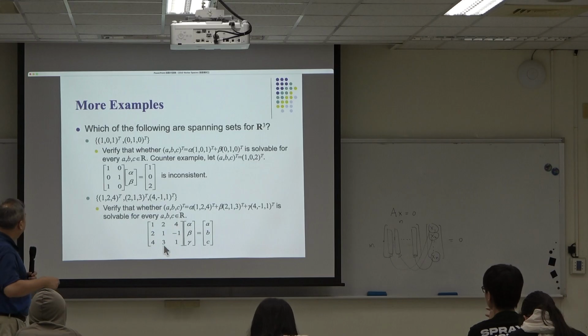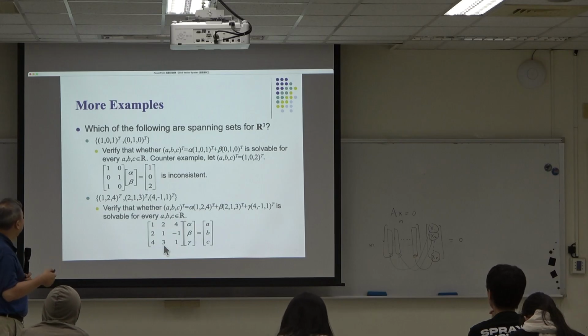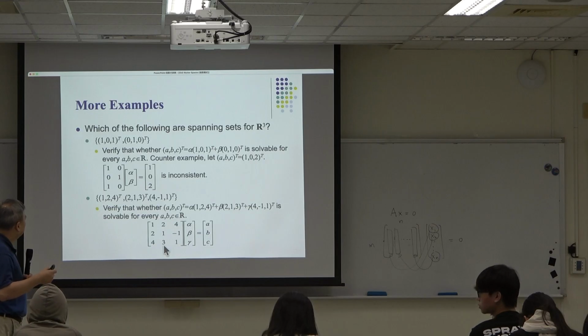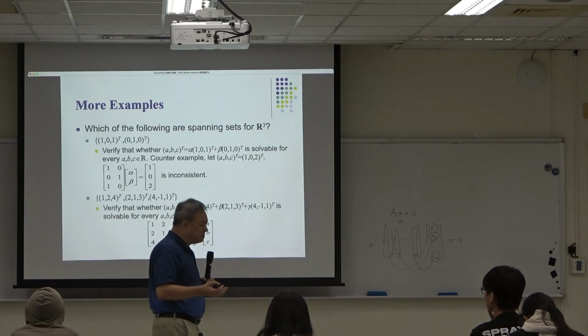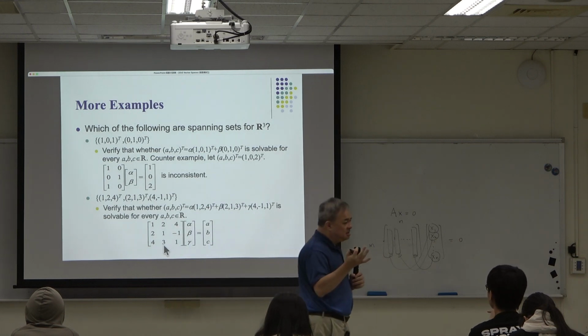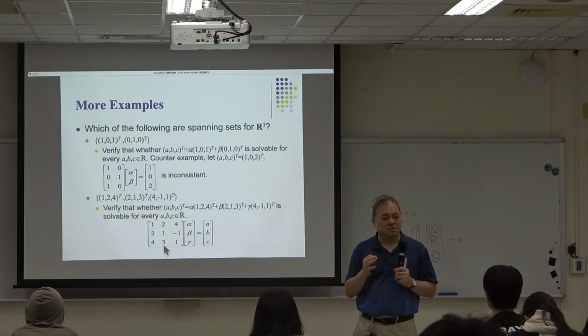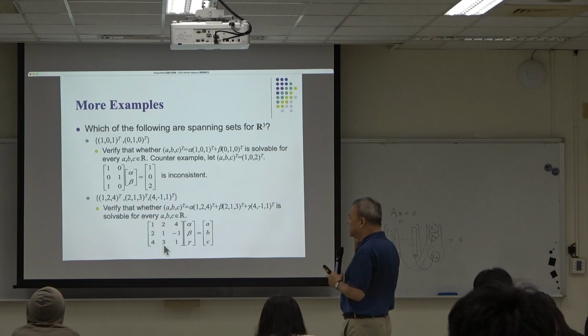So, more examples. Which of the following are spanning sets for R3? The first one: (1,0,1), (0,1,0). Intuitively speaking, R3 has three degrees of freedom, and here you only have two vectors.